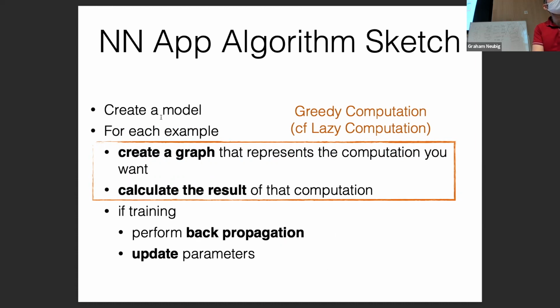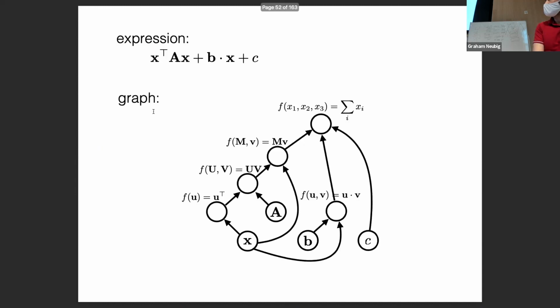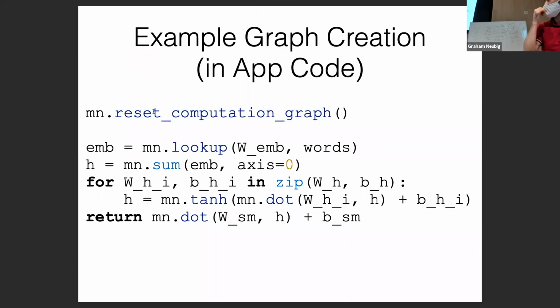So we can basically reset the graph for every example. This is not what happens in PyTorch, for example. PyTorch has a more complicated thing where it's doing garbage collection of things that you're not using anymore. But that's more complicated to implement. So we're just garbage collecting everything before every example. And that's what this reset computation graph thing does.